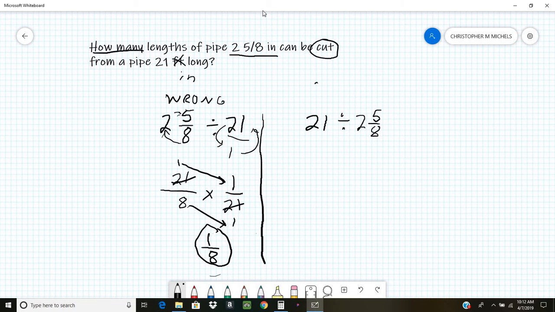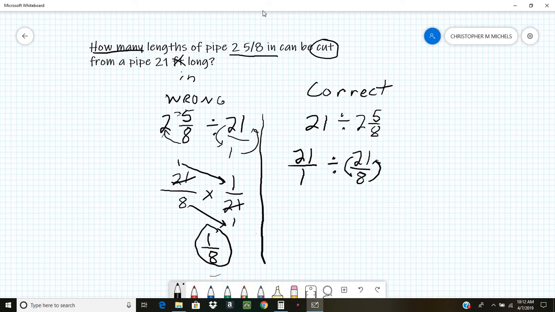This is the correct way. We write this as 21 over 1 divided by, make this a mixed number, which we should already know the answer, that's 21 over 8.